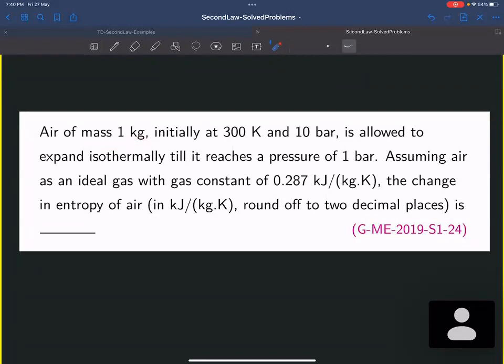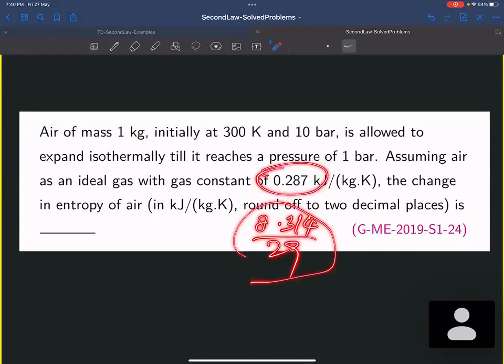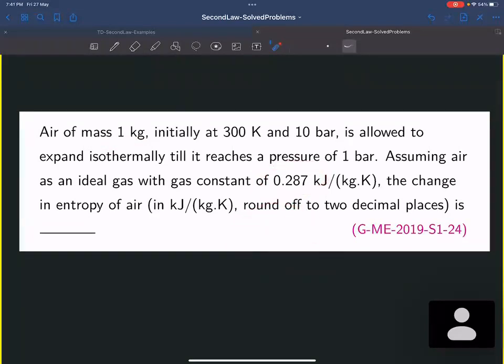Instead of R of 8.314, they give 8.314 by 29, that is 0.287. This gas constant is given as 0.287, which is applicable for air, because R is 8.314 joule per mole Kelvin, and you can convert the mole in terms of mass. So we have 8.314 divided by 29, which gives 0.287.